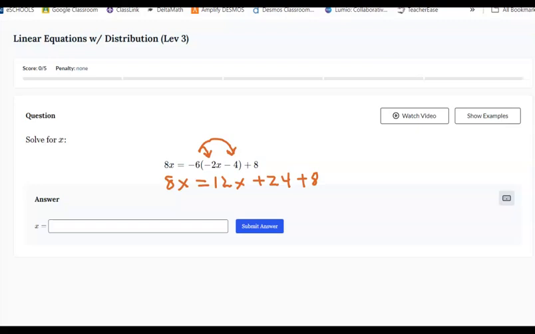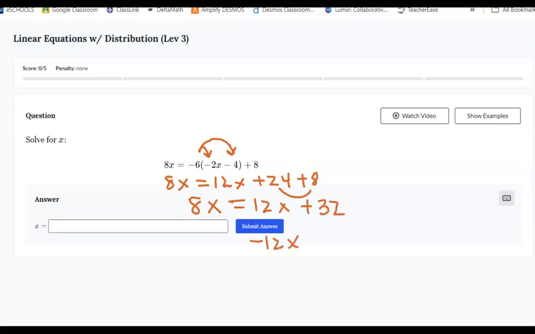Now you notice on the right-hand side I have 3 terms, and the most you should ever have are 2, a variable term and a constant term. So if you have more than one constant term, you can do a combination move, where we combine these like terms. And I compute directly what I see. So I have positive 24 plus 8. So when I rewrite this, I'm going to get 8x equals 12x plus 32.